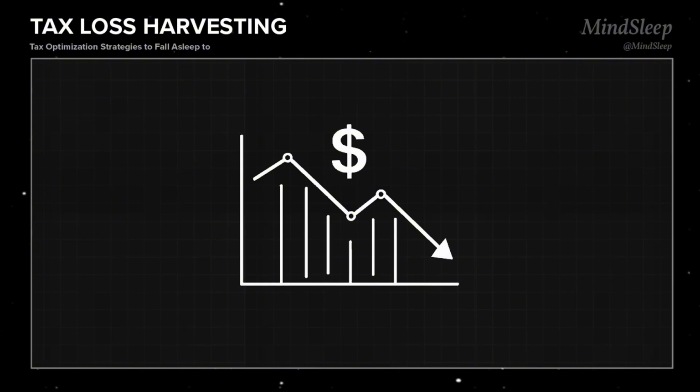However, it's crucial to note that the effectiveness of this strategy can vary greatly depending on individual circumstances, market conditions, and the specific implementation approach. Beyond the mechanical aspects of selling losing positions and reinvesting, advanced tax loss harvesting techniques often involve sophisticated algorithms and automated systems.